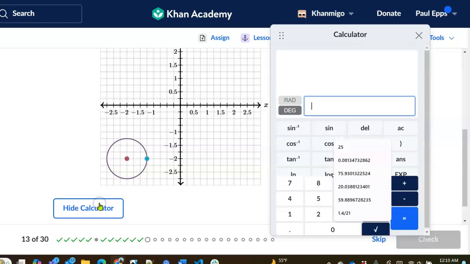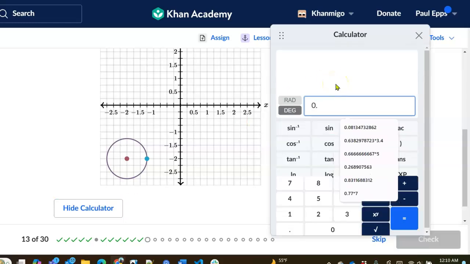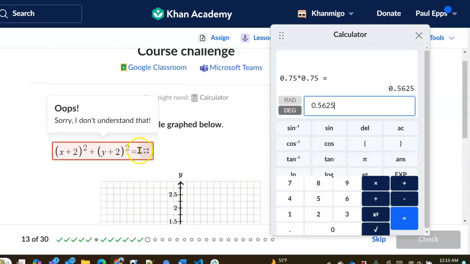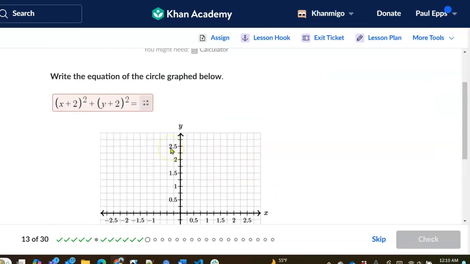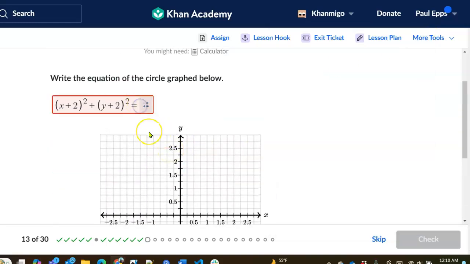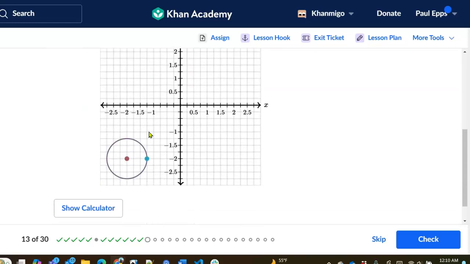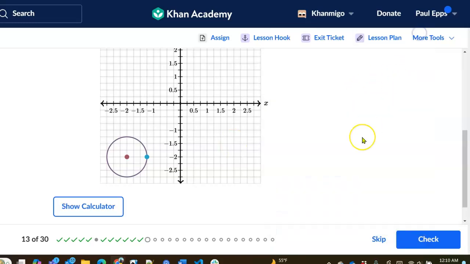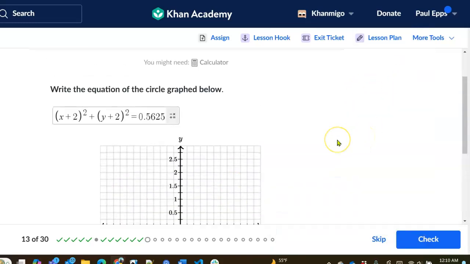All right, so let's square the radius. 0.75 times 0.75. 0.5625. Is that right? Show me the calculator again. 0.5625. Okay. Yeah, that looks right.